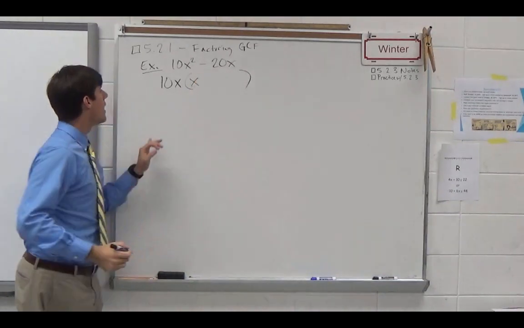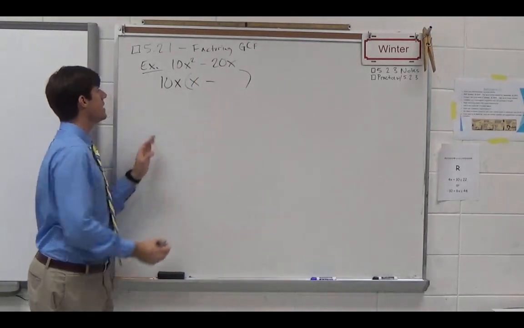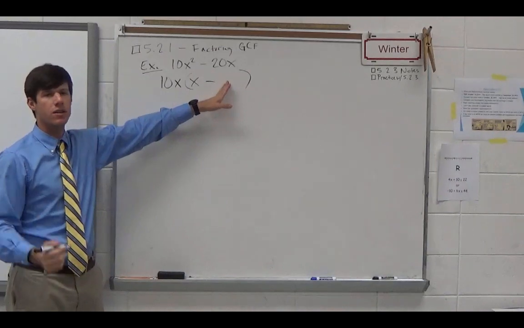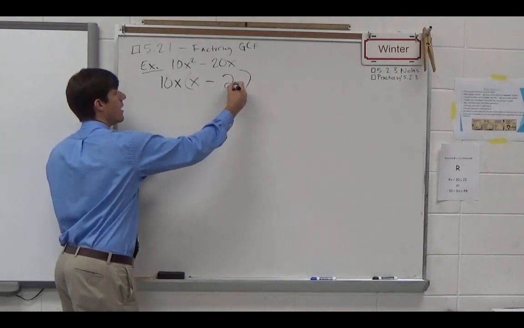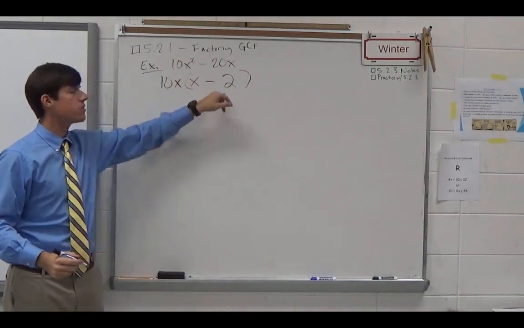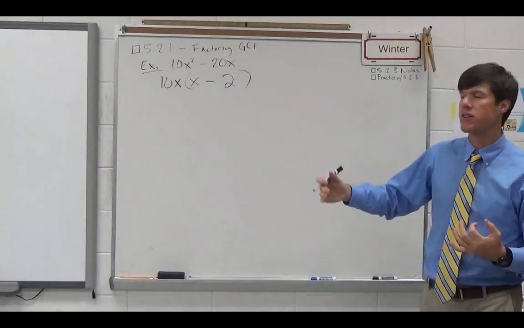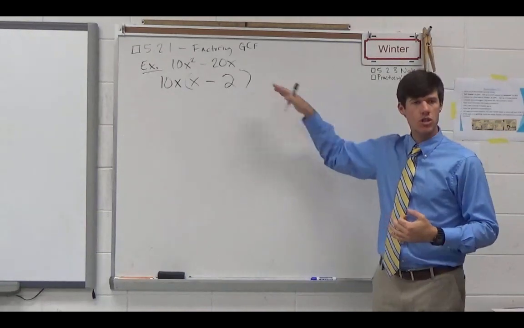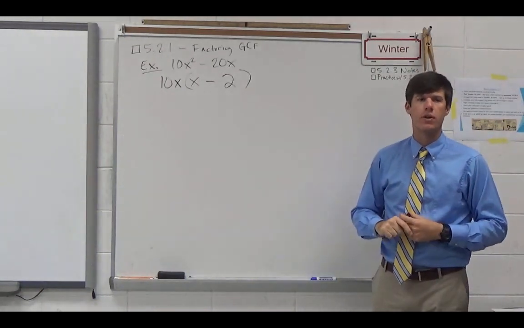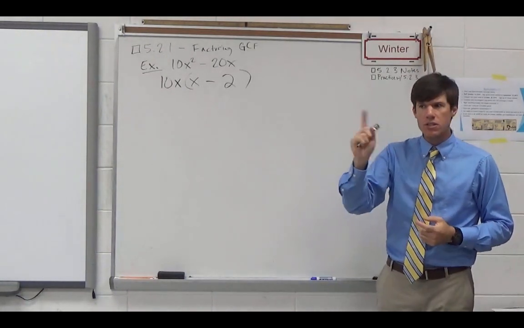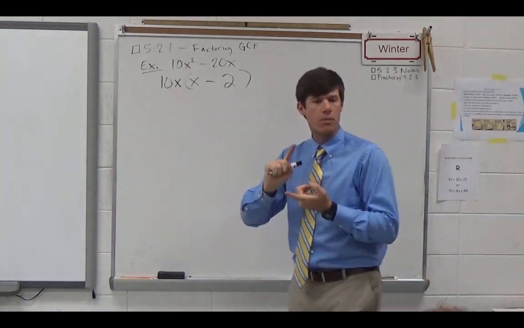All right. And then if I pull out a 10 from 20, what should I be left with? 2. And then x and x cancel out, so this is what I'm left with. Okay? That's mainly just a recap of factoring using the GCF right there. You can do this, you're doing okay. All right? So that was the first section we covered when we were talking about factoring.